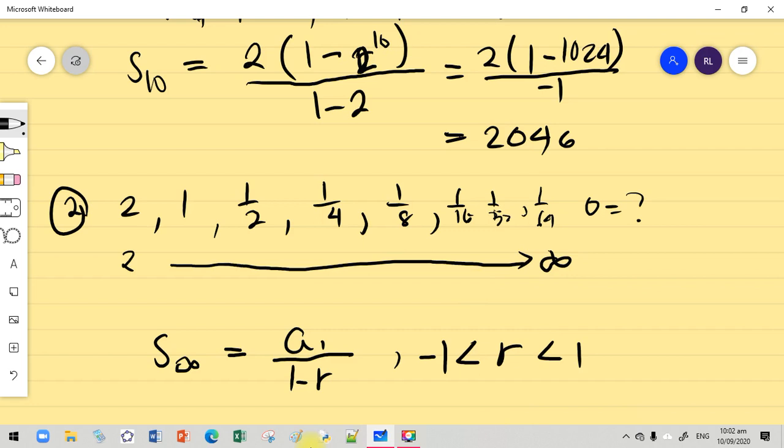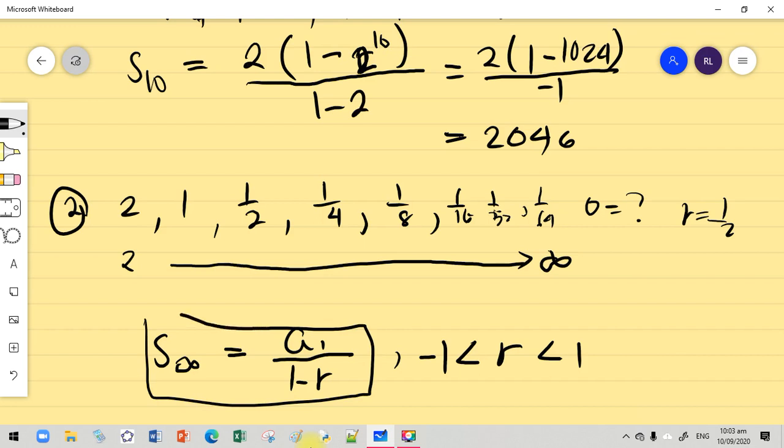As you can see, if r is 1/2, like the 1/2 here, the numbers will become smaller, smaller, smaller, or if it's negative, yes, still the same. So therefore we can use this kind of formula to get the sum of all the terms until infinity for this type of sequence.